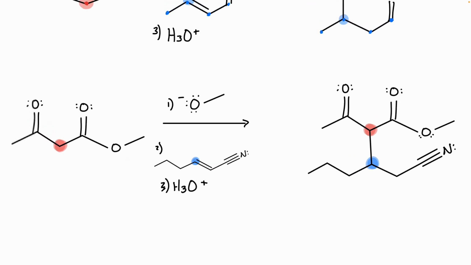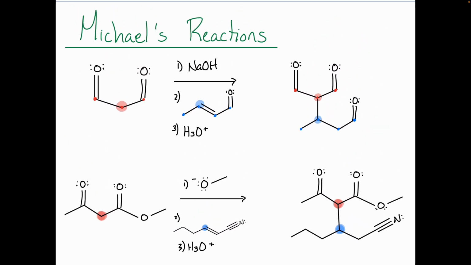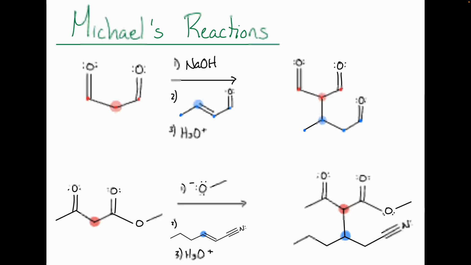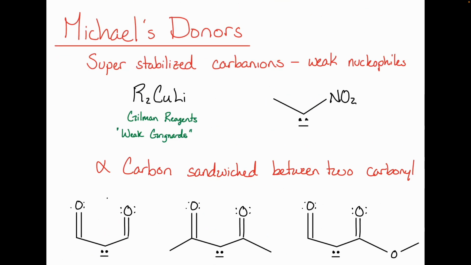All right, so our Michael donors are going to be these super stabilized carbanions. A typical feature is they're going to be sandwiched between two carbonyl groups, an alpha carbon that when deprotonated will be very stable as an enolate ion. We also have these other two kind of weird ones here.